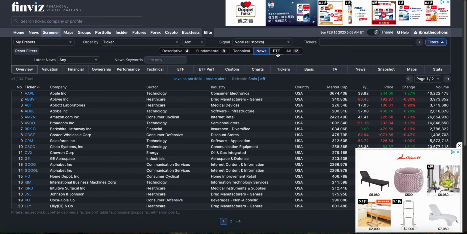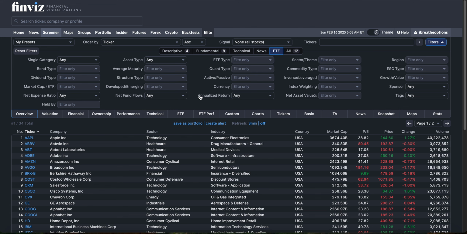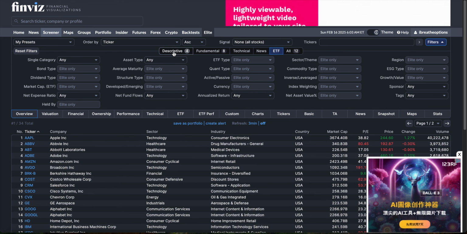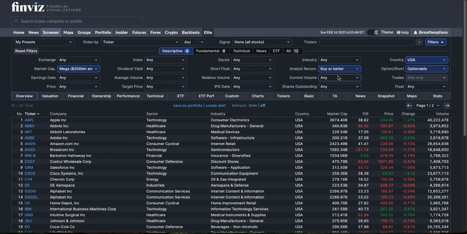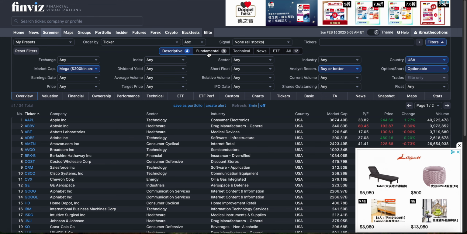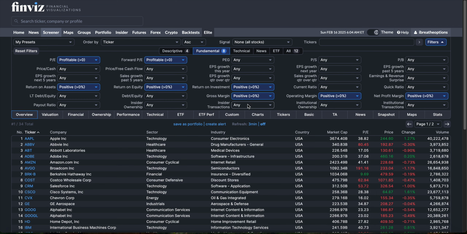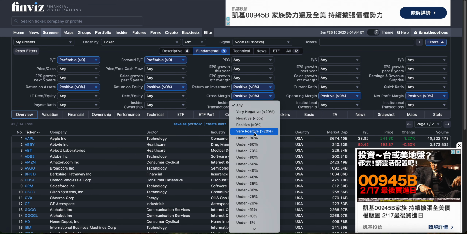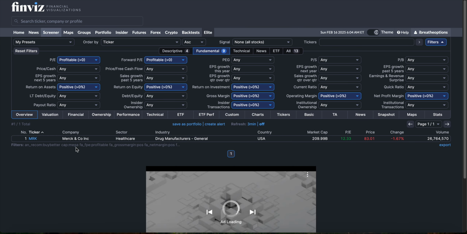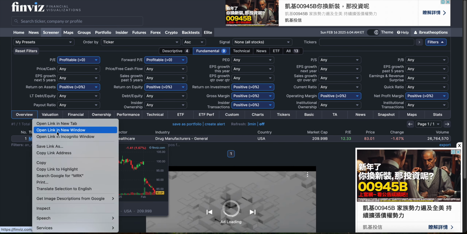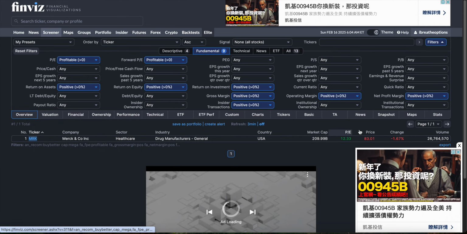News-wise, nothing much. ETF, nothing much. So let's see, is there anything that might affect? Probably insider transaction. So positive would be good to take a look at. So let's see, there's some insider buying here.